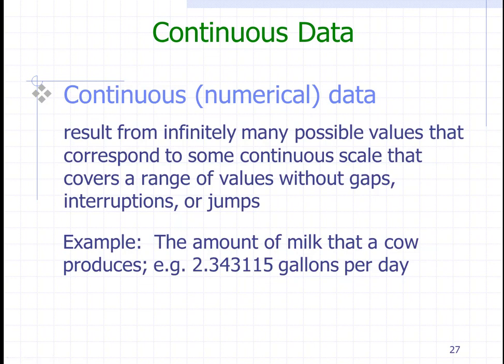There are many possibilities between 2 and 3 and 4. Your income, you don't just make $1,000 or $2,000. There's all kinds of things in between that you're going to make. So continuous means there's an infinite number of possible values.